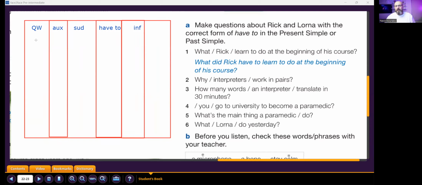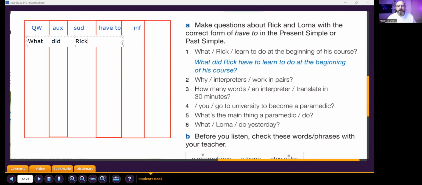Okay, so in number one, for example, we have this question: what Rick learned to do at the beginning of his course. When I say at the beginning, I'm talking about something that happened in the past. That means it's in the past. So I have here the question word. After that, did, subject, Rick.